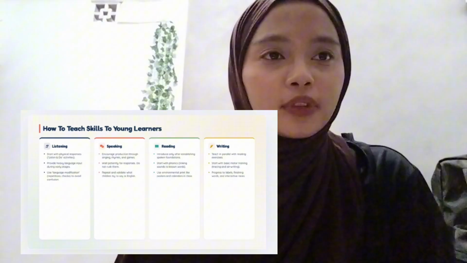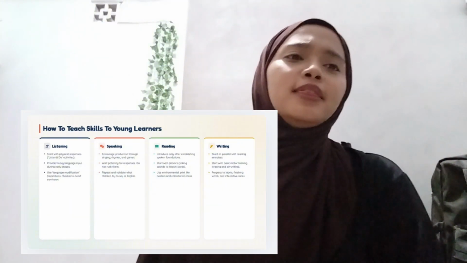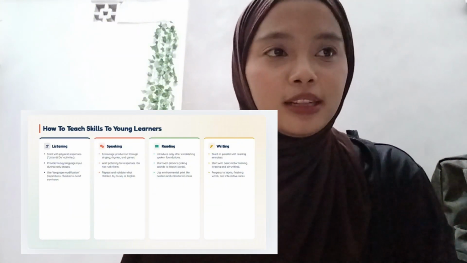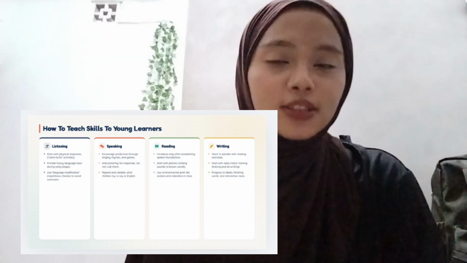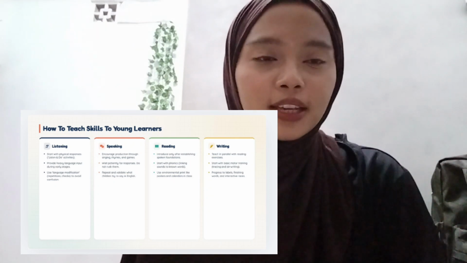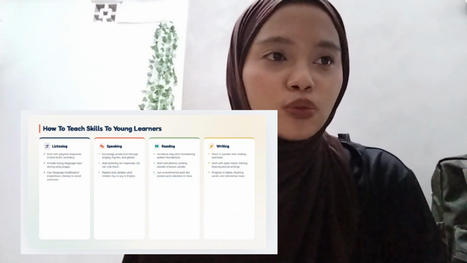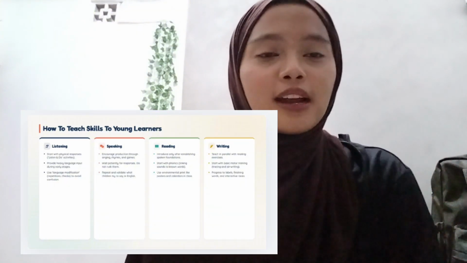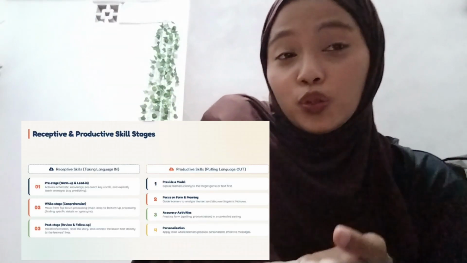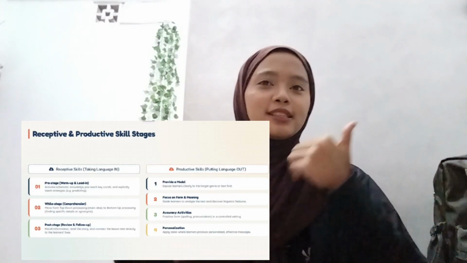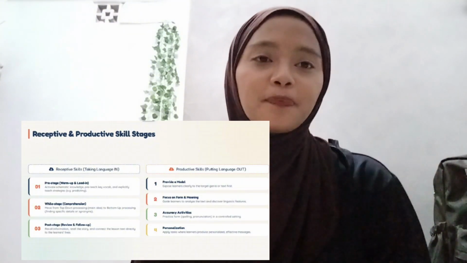In writing, teach in parallel with reading exercises. Start with basic motor training, and then progress to labels, finishing words, and interactive phrases. And the next one is how to teach receptive and productive skills.